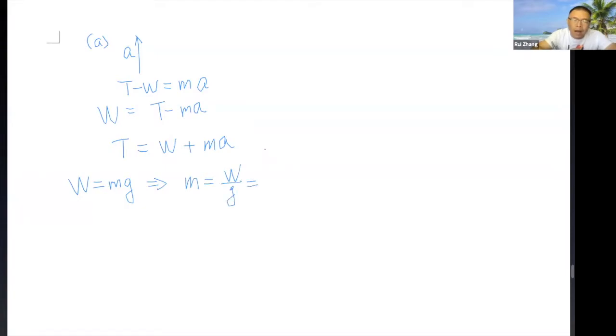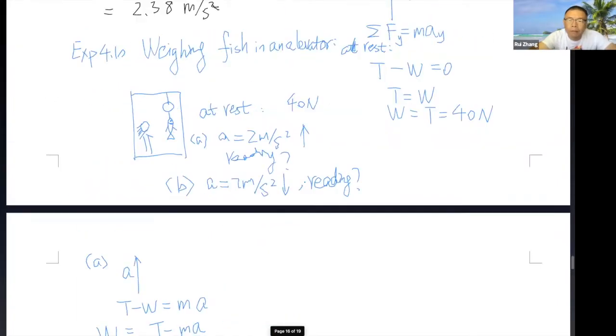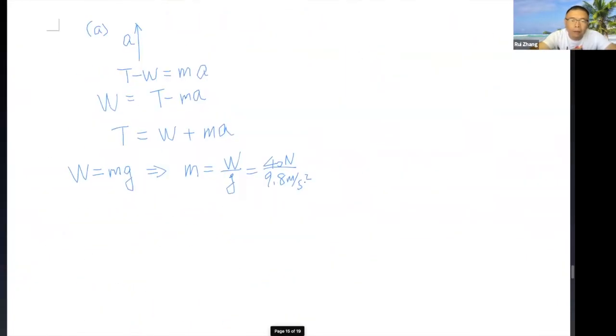That is 40 Newton divided by 9.8 meters per second squared, okay? So 40 divided by 9.8, you get 4.08. I'll put it as 4.1 kilogram, okay?